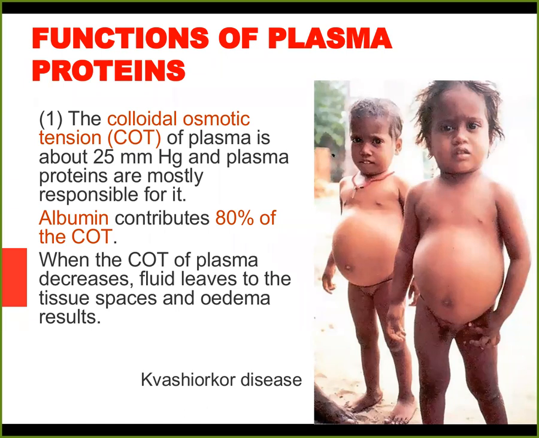You may find in this picture water placed in tissues, usually it's abdominal edema. And this may be a result of many diseases, like diseases of our liver, which normally produces albumins.